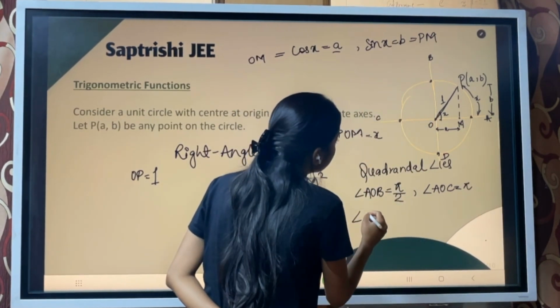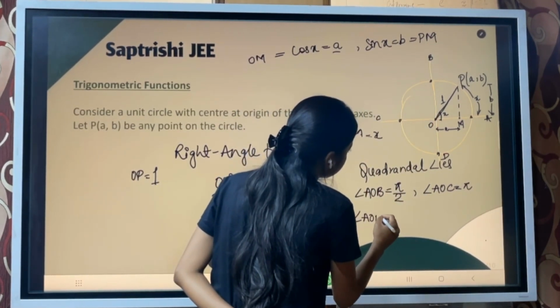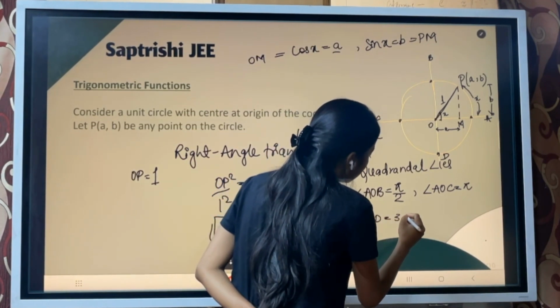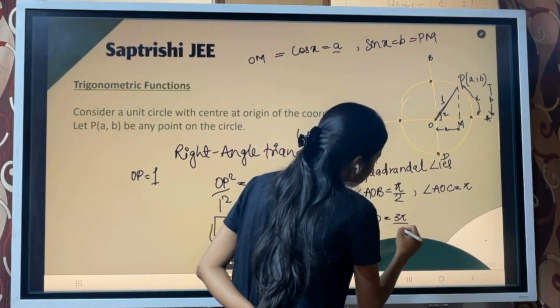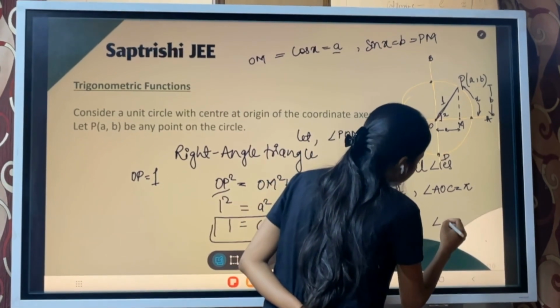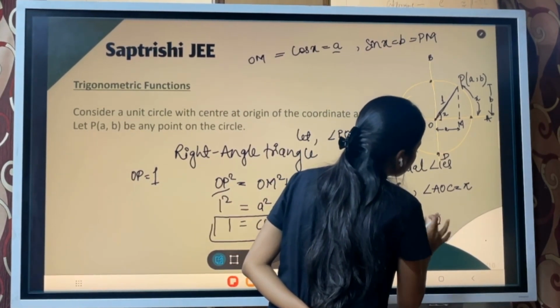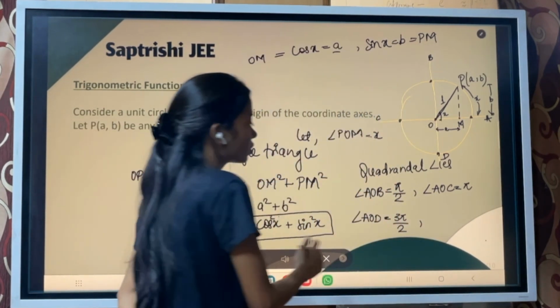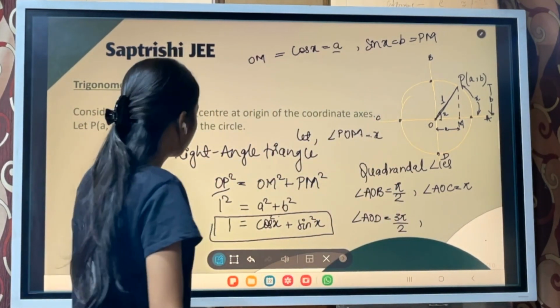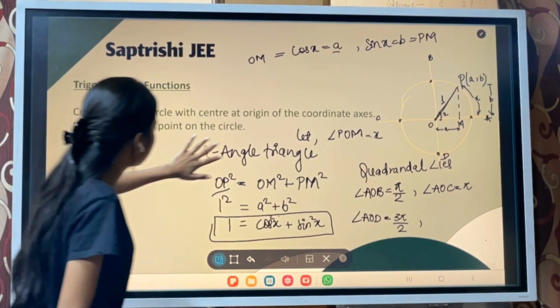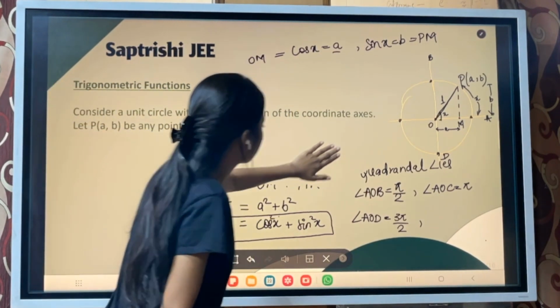Then angle AOD is 270 degrees, that is 3 pi by 2. And a full revolution gives 2 pi. So these are the quadrantal angles we get here. You remember it, so let it erase.